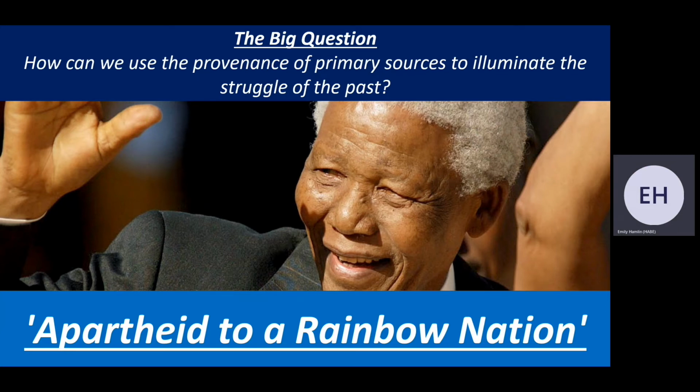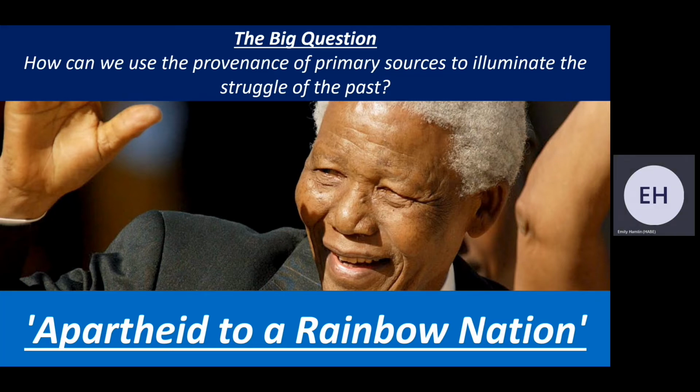I mean, the themes in it are remarkable, and I'll go through some of these with you in a second before we have a look at this source. So just to deconstruct this title, how can we use the provenance of primary sources? Here I'm looking at less so the content and what is said or written in these sources, but more so where they've come from, who wrote them, where they're kept, why they're kept there, why they were written, who they were written for.